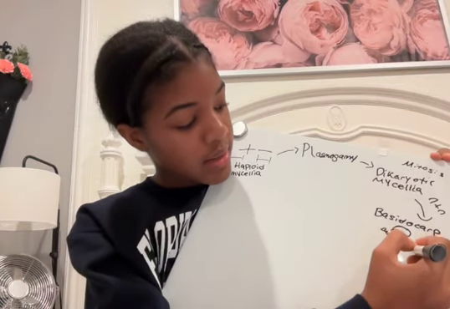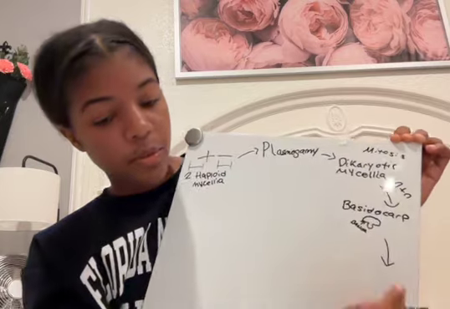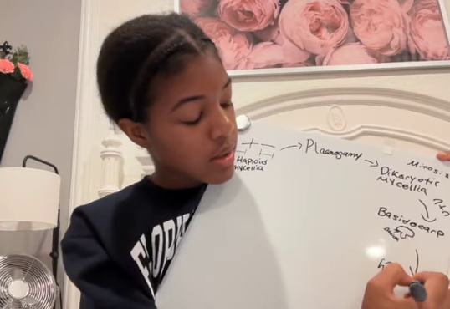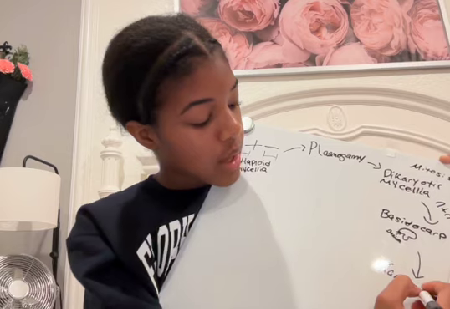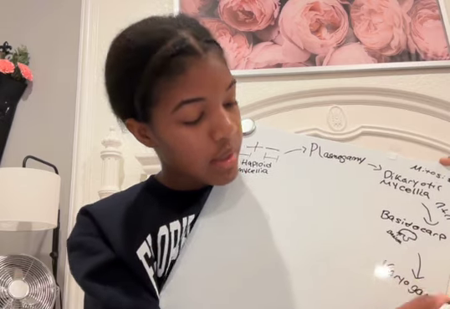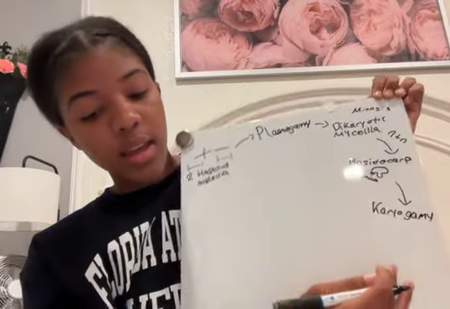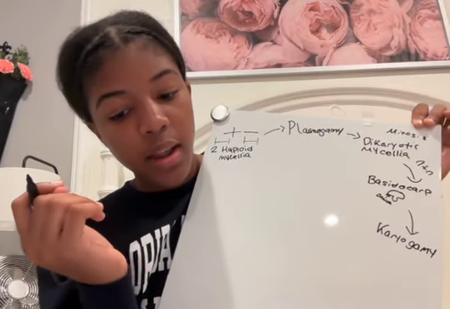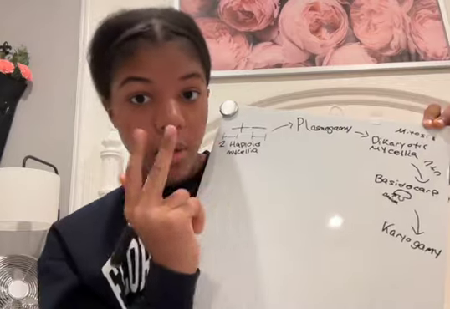And then after this, we have our karyogamy, which is the fusion of the nuclei. And now, after this, we are diploid. We're 2N.